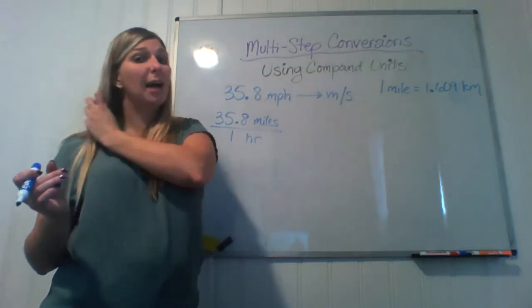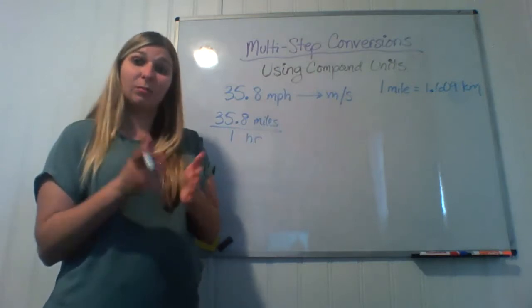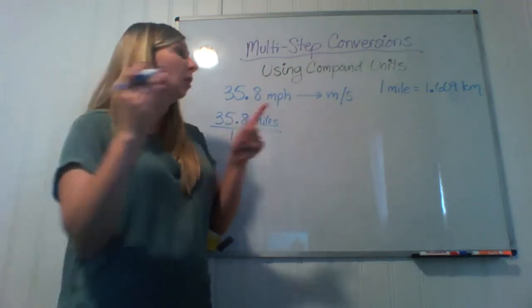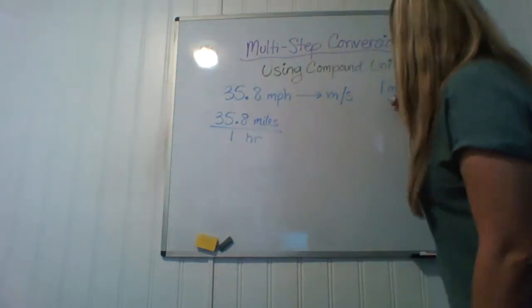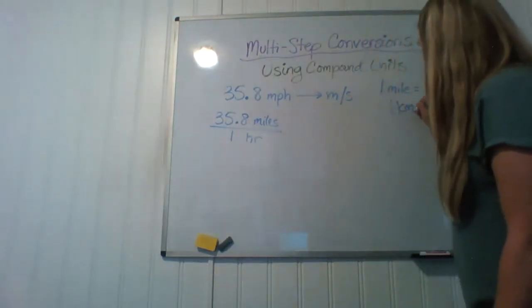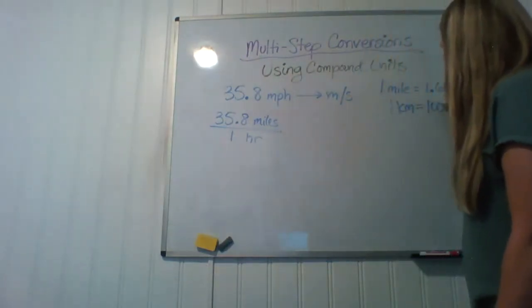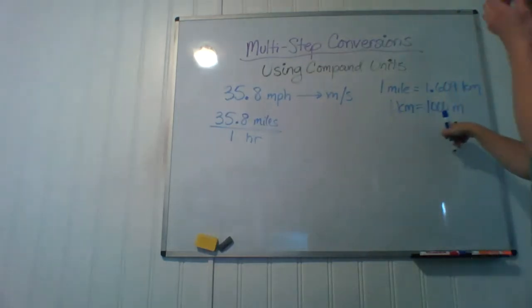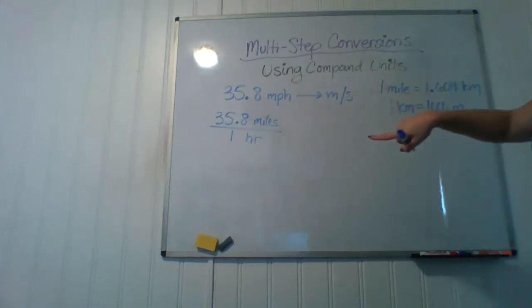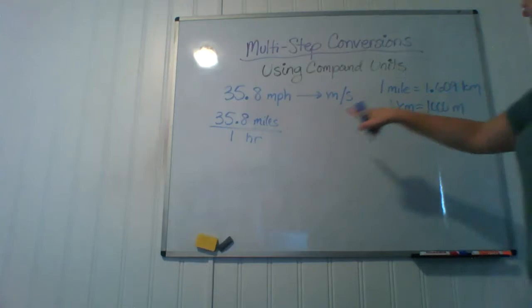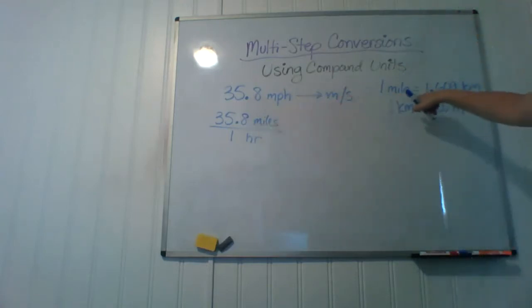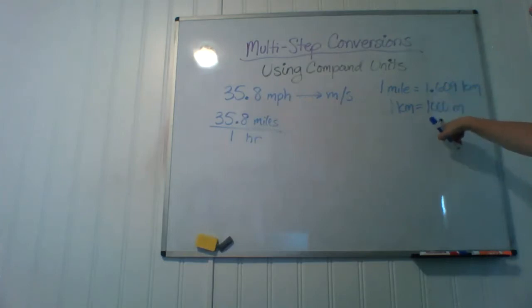What does kilometers indicate? 1 kilometer equals how many meters? 1 kilometer is equal to 1,000 meters, according to what we learned in our prefixes. So that allows us to convert our distance from miles into meters using these two relationships.